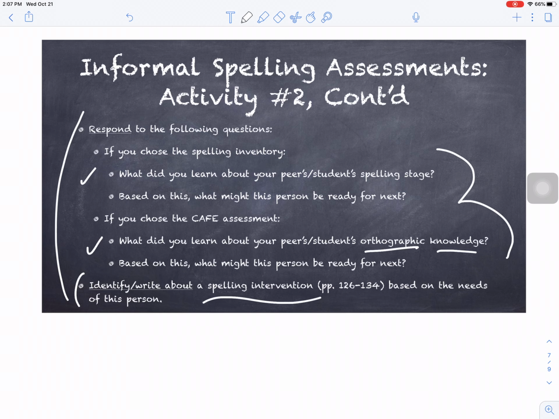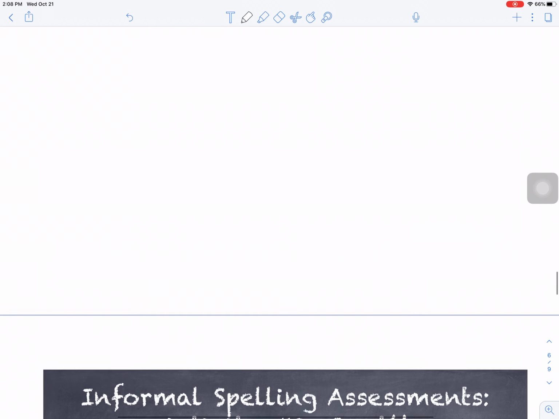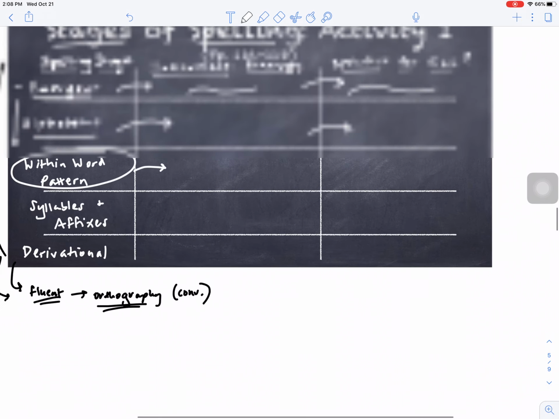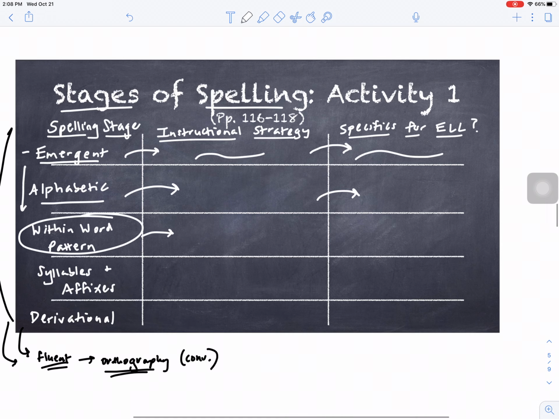You'll choose an intervention from pages 126 to 134 that you are choosing based on those needs. So if you noticed that your student was in the derivational spelling stage, for instance, then you would want to make sure you're choosing an intervention to support them that would help them work their way through the derivational spelling stage.